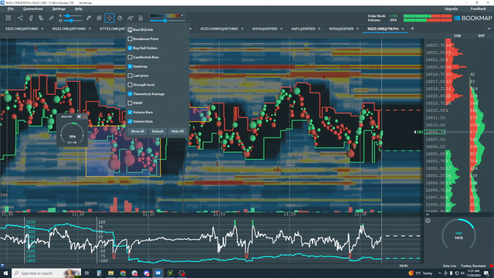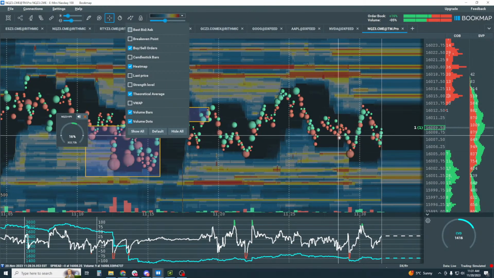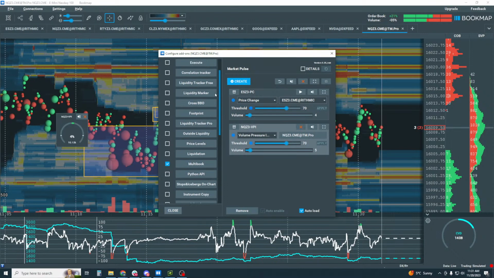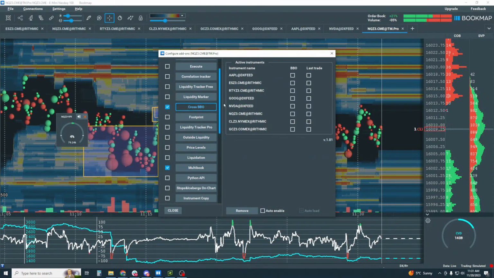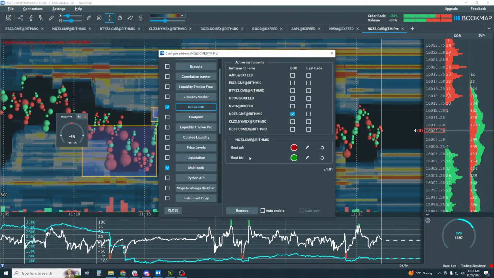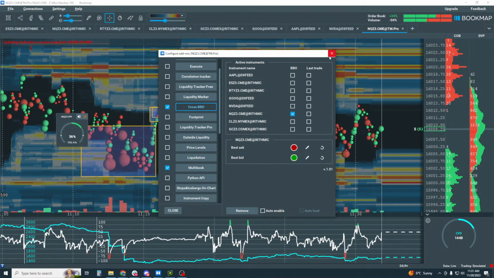Yes, you can, and that helps. There's also cross BBO algo here that you can use, and then we can look for NASDAQ BBO on here as well. And we should be able to see the regular best bid and offer.